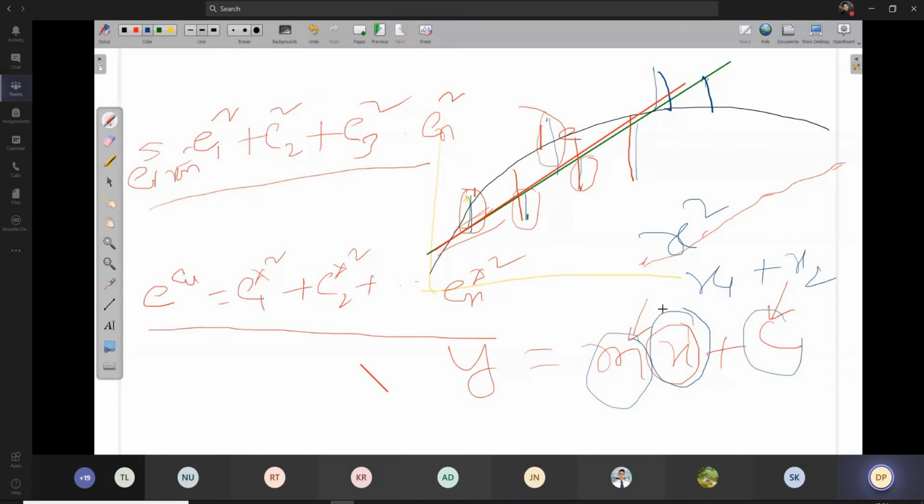This is done by minimizing the square of the difference between the observed and the expected values of the dependent variable. So this is the square of the errors. This is the observed value, and this is your expected value.